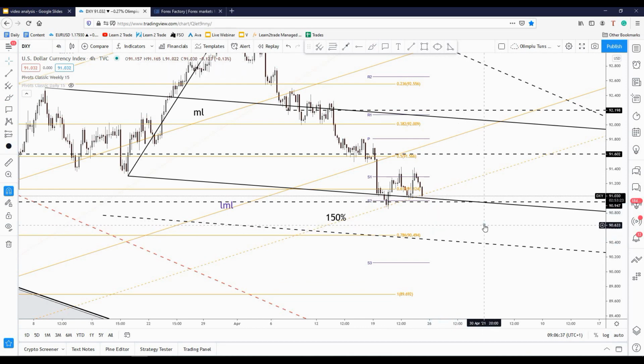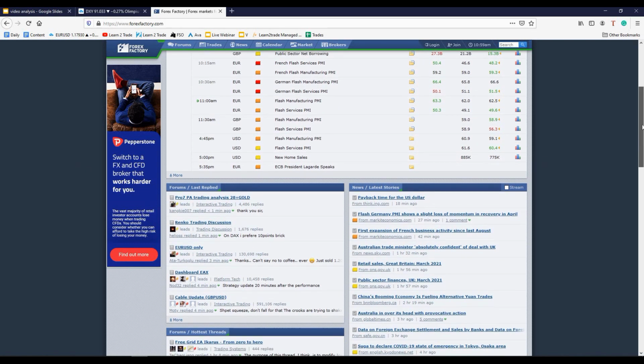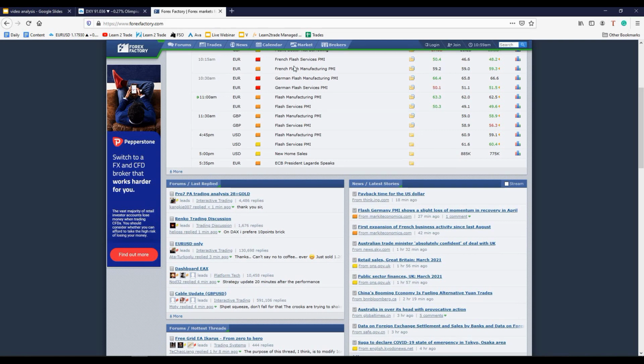depreciate versus the euro. Okay, and I will show you here why the euro is strongly bullish in the short term. And as you can see, the eurozone flash services PMI has increased unexpectedly higher to 50.3 points, far above 49.1 expected, and versus 49.6 in the previous reading period.